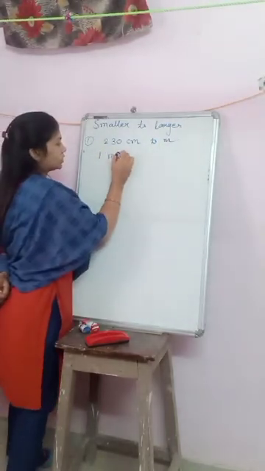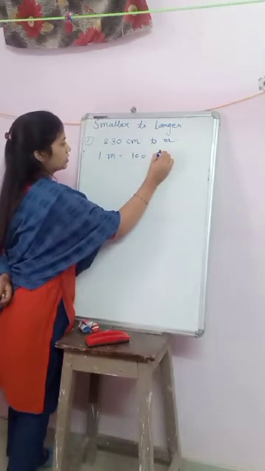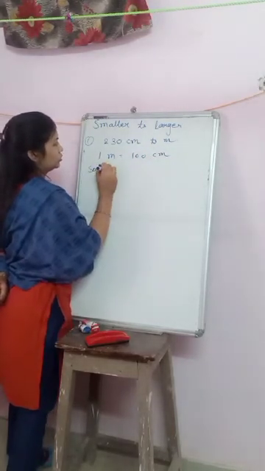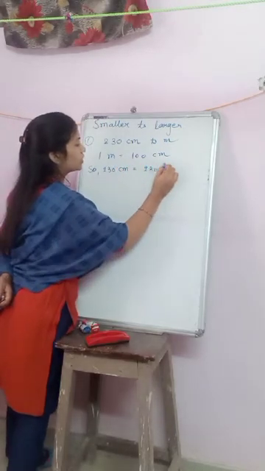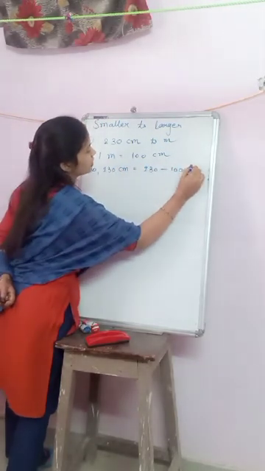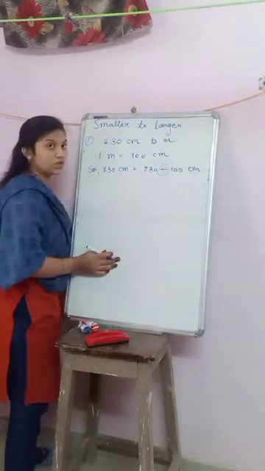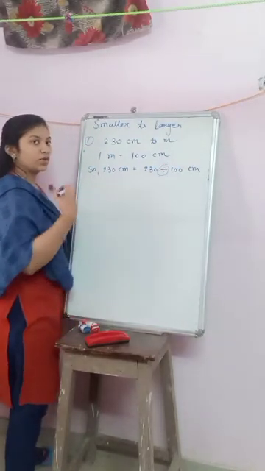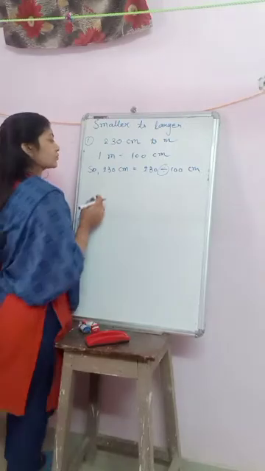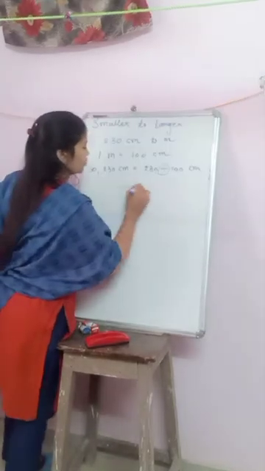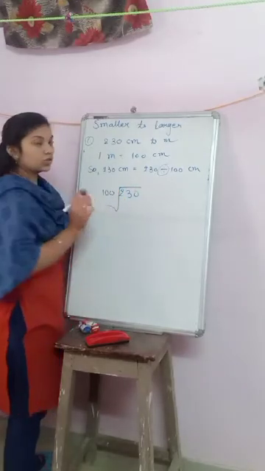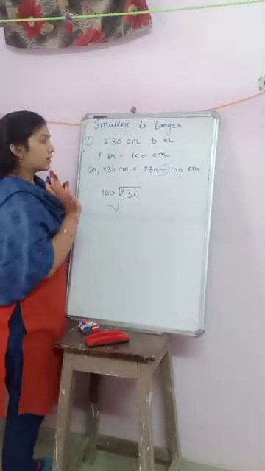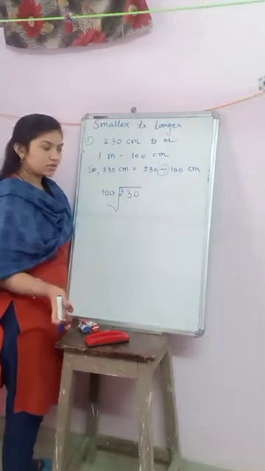As you know, 1 meter equals 100 centimeter. So 230 centimeter equals 230 divided by 100. Here we have to do the division. In the previous one, we did a multiplication. So we can do it like this, 230 by 100. Here quotient means the meter and remainder means the centimeter.